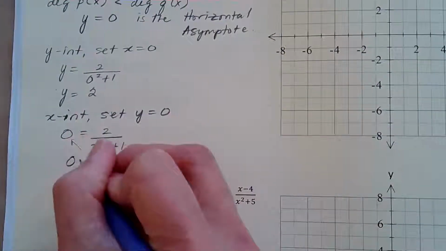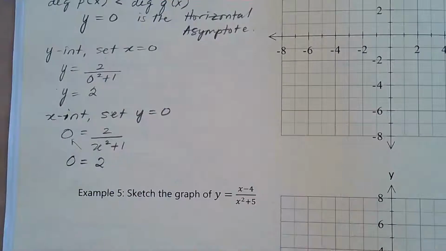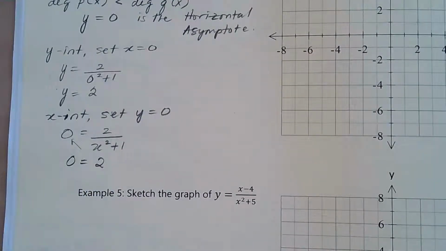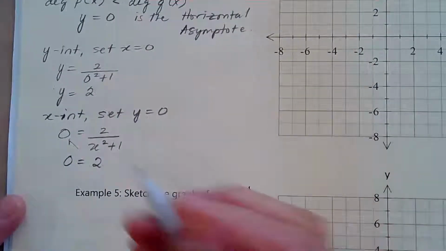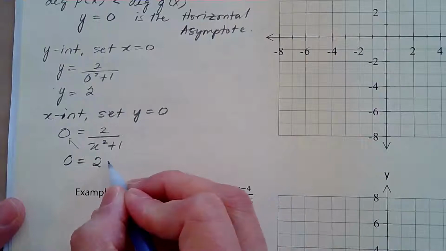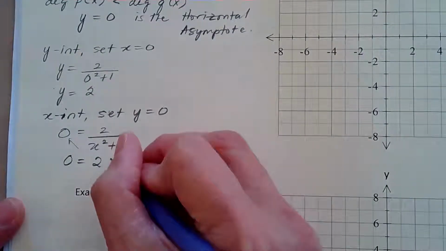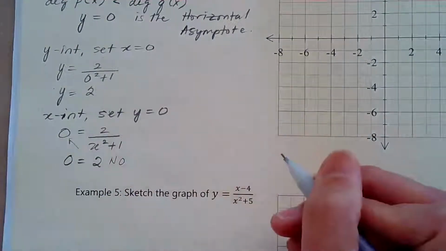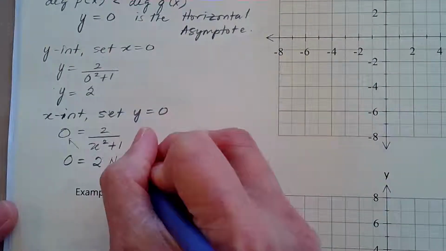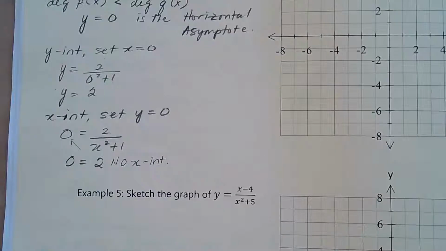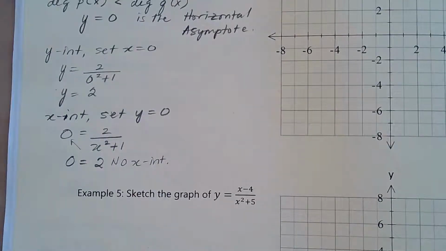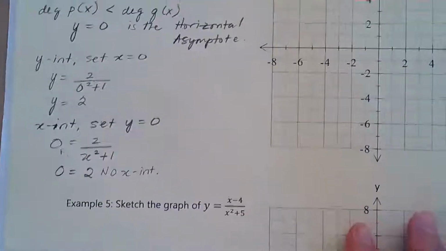Then we're going to end up with 0 equals 2. Okay, now we're going to have a problem again, right? Because that's not true. 0 is not equal to 2. So what can we conclude here? No x-intercept, right?